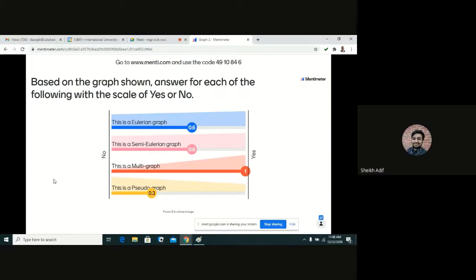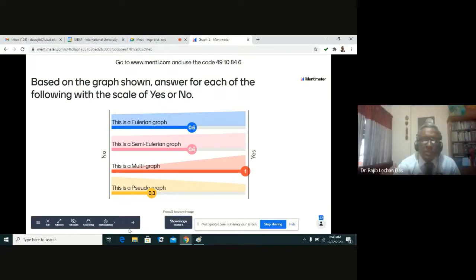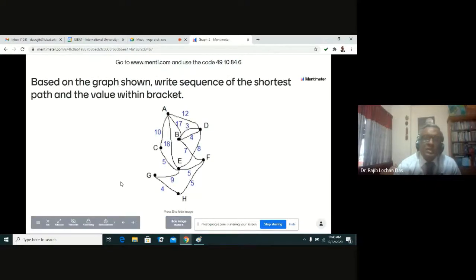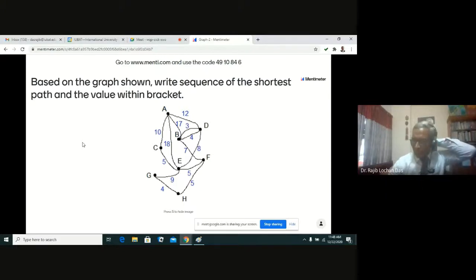Yes, sir. Now let me go to the next slide. We do not have enough time. Same graph you see, but you will now find out the shortest path. In this case, you will calculate the distance, that is 12, 17, 3, 4. All these are calculated now.